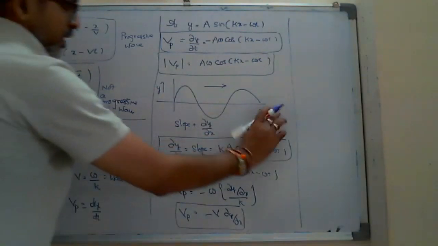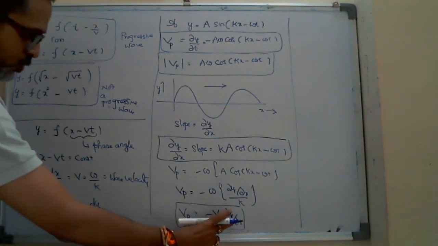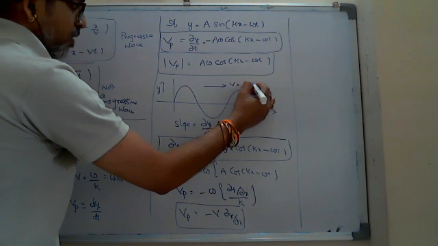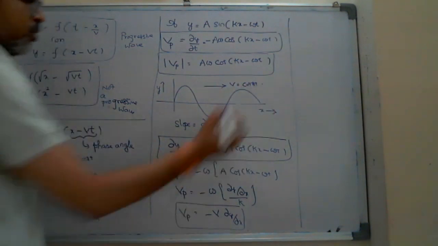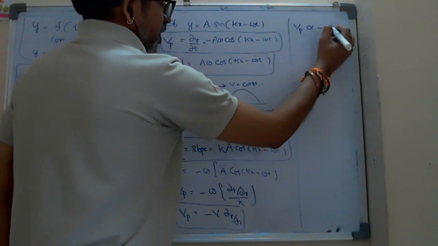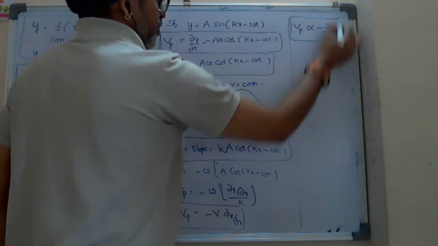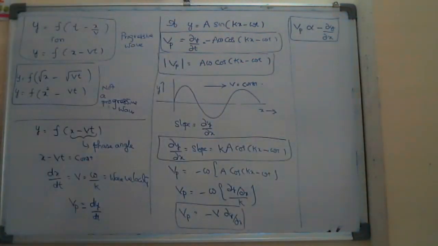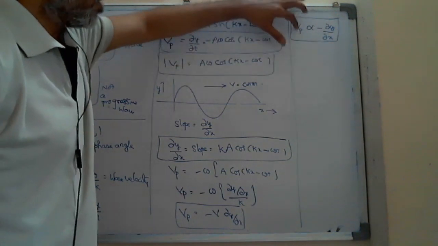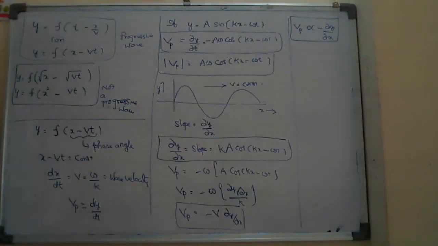So while traveling with a constant velocity, the velocity of the wave is constant, and you can say the velocity of the particle is directly proportional to the negative slope. Here it is clearly saying that the velocity of the particle and the slope are in opposite directions.